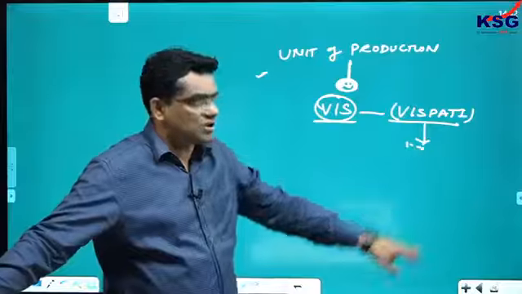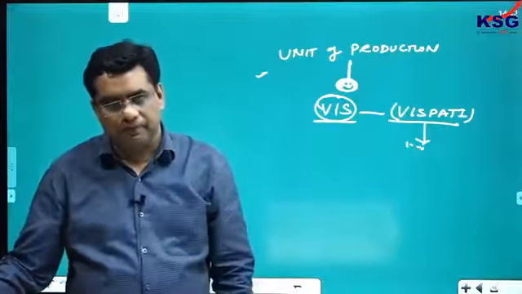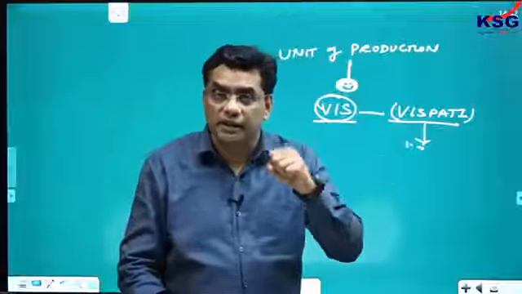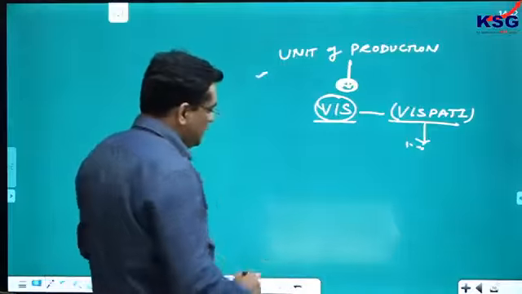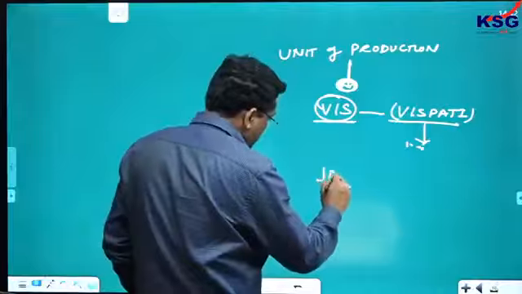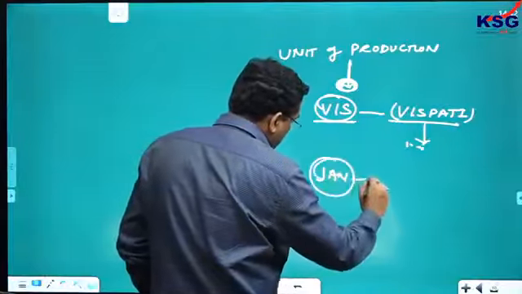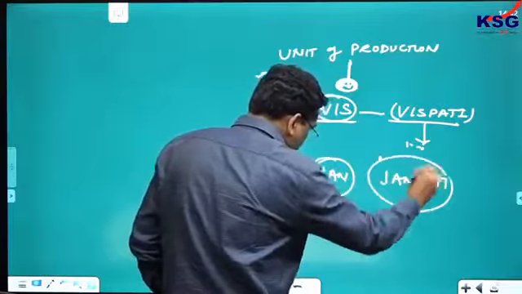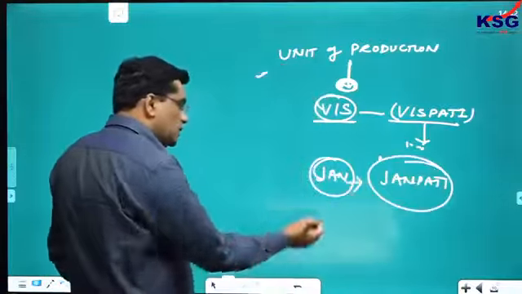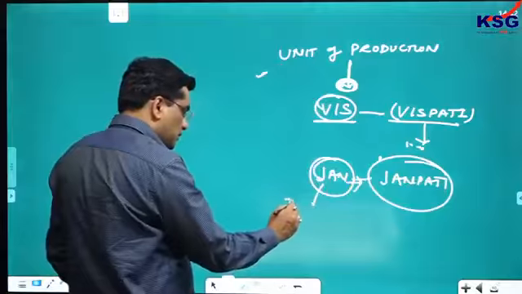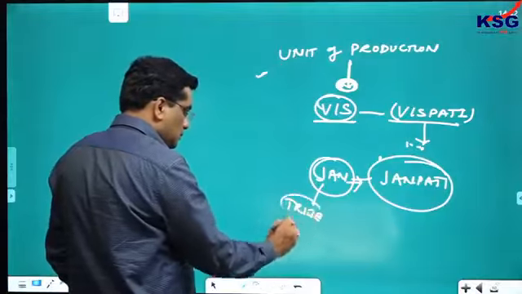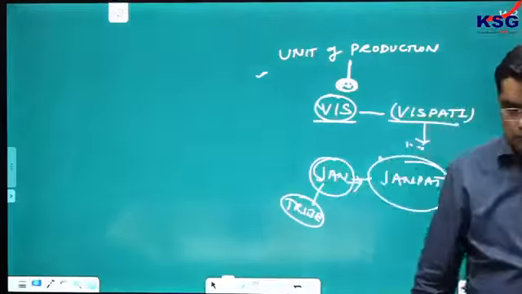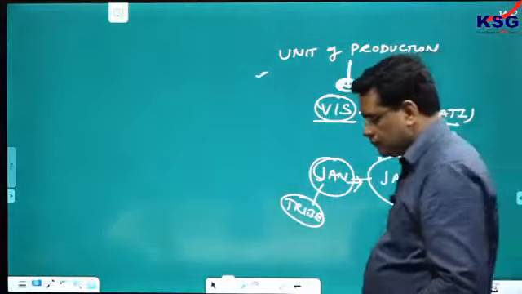This is the head of the commercial unit, Vispati. And the entire tribe was under the king called Jan. Jan means tribe, and the head of that tribe is Janpati. Right?